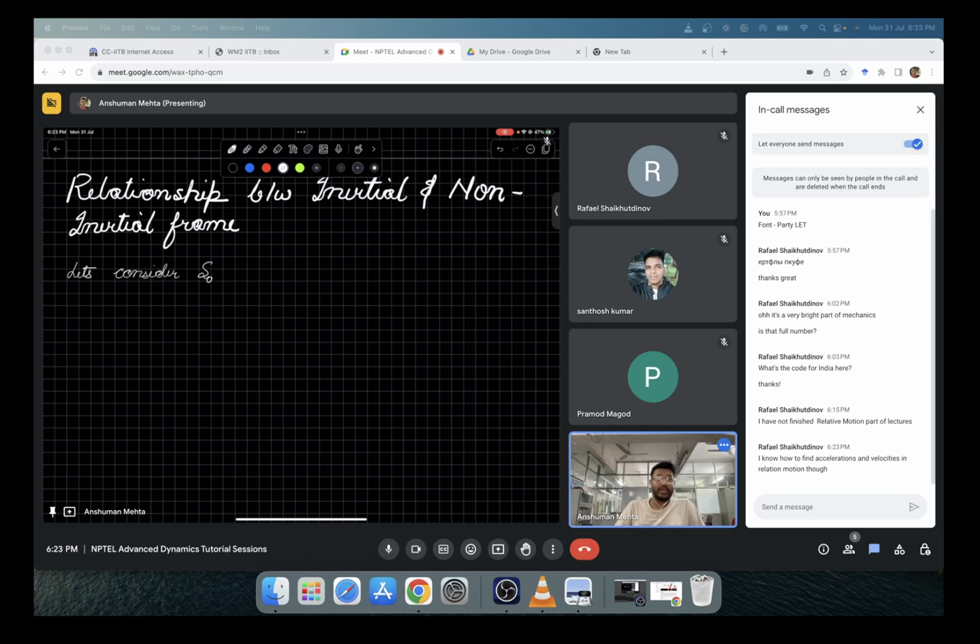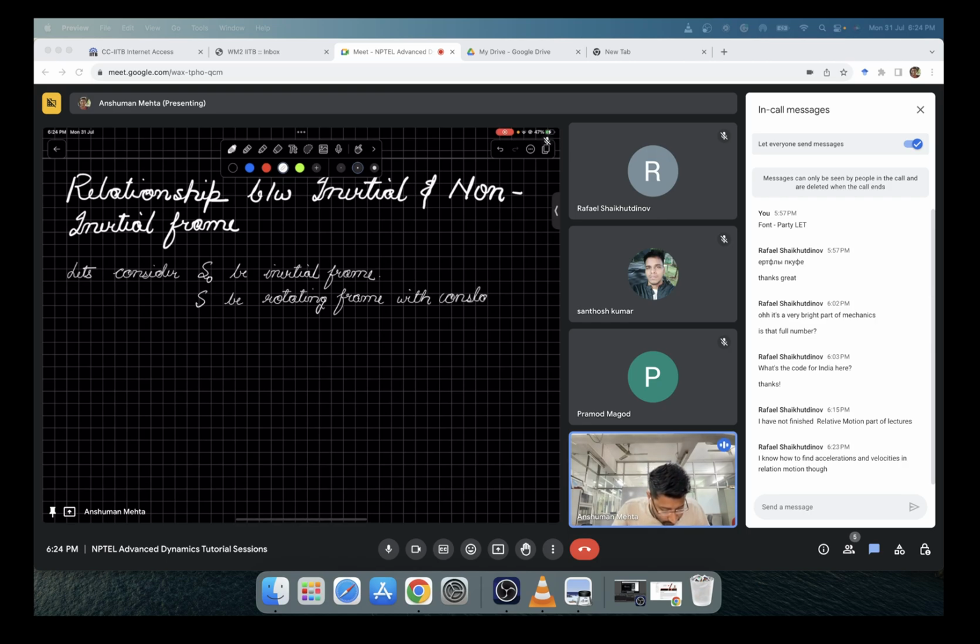So let's consider this S0 frame to be the inertial frame, like it is at rest. The task generally is to convert everything into this inertial frame, and let S be a rotating frame having constant angular frequency.